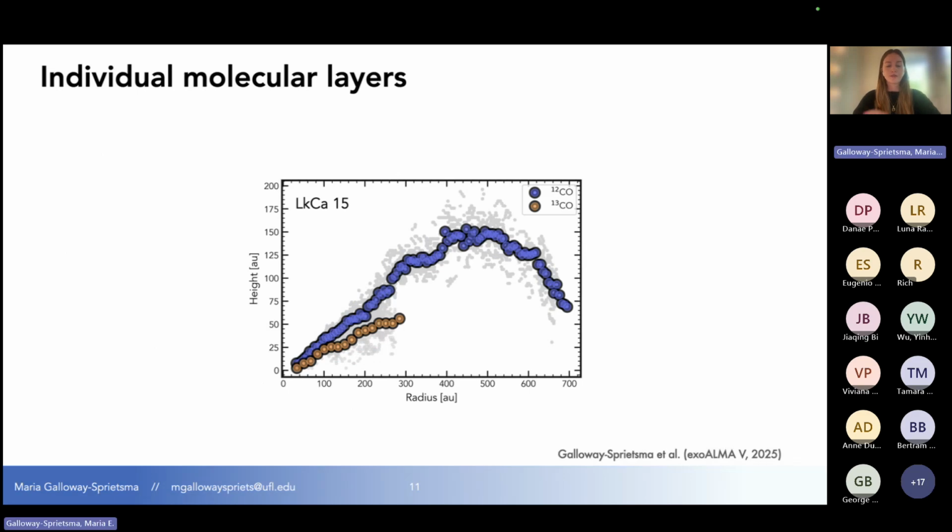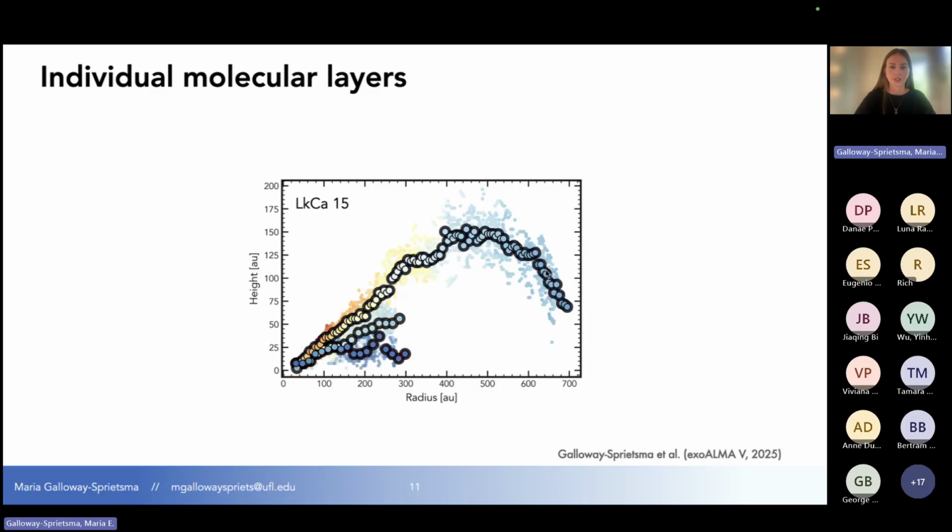So again, I want to focus on the individual molecular layers. This is a really important component to a lot of this work because again, it allows us to get this 2D view of the disk from the atmosphere down to the midplane. And this is really helpful because we actually have the temperature data for each of these individual layers.